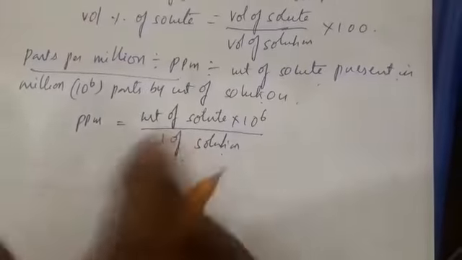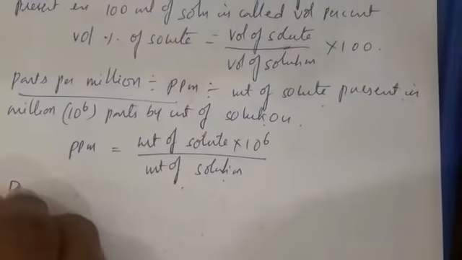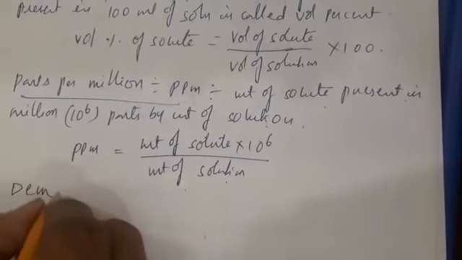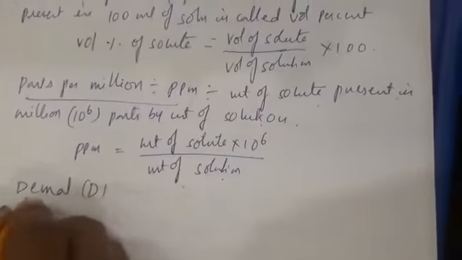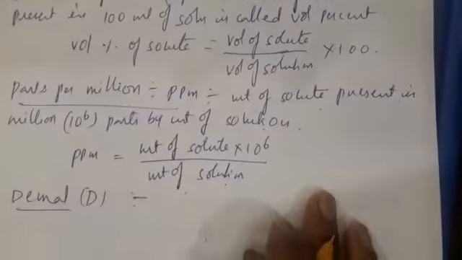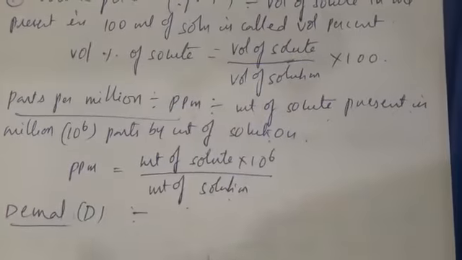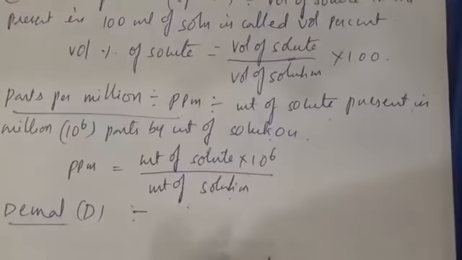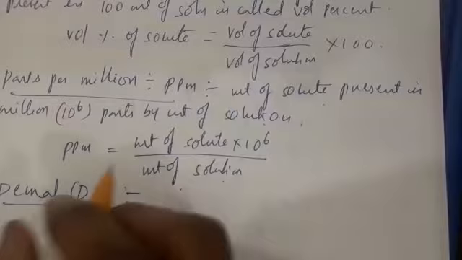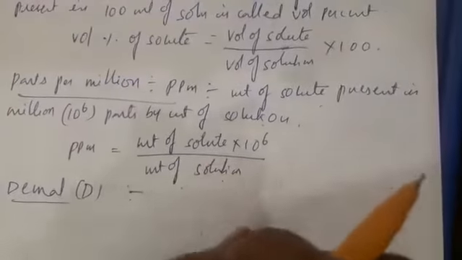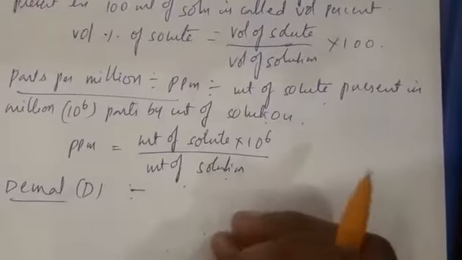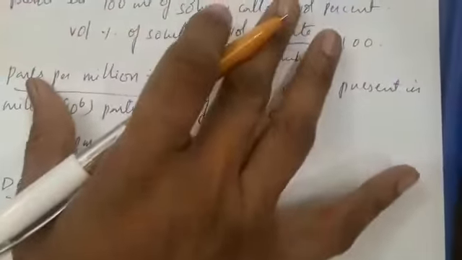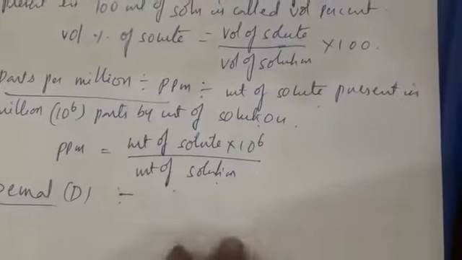Okay. Next, another concentration term, demol. This is also a physical method to express the concentration of the solution. Demol is 1 mole of solute present in 1 liter of the solution at 0 degree centigrade.